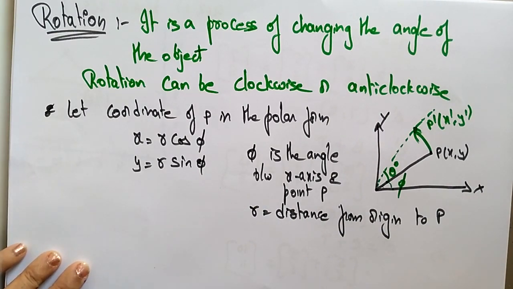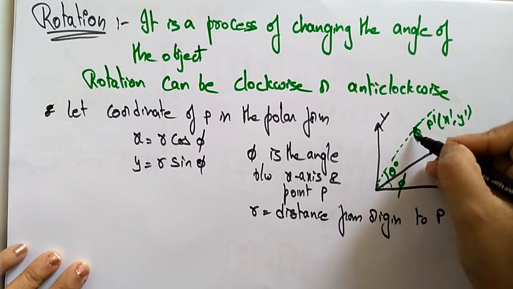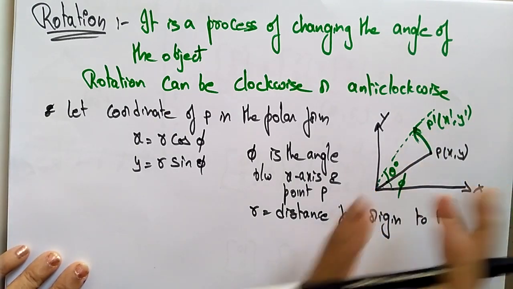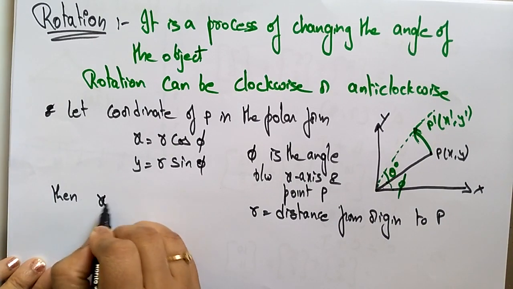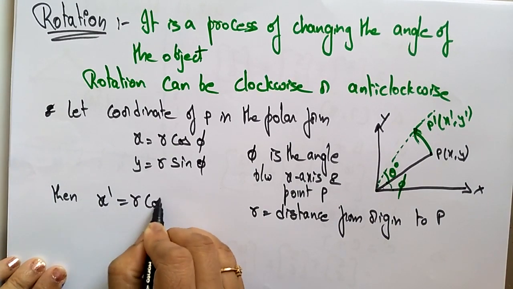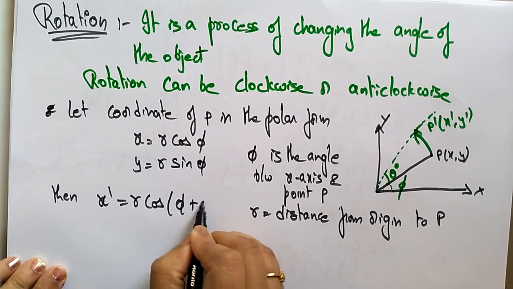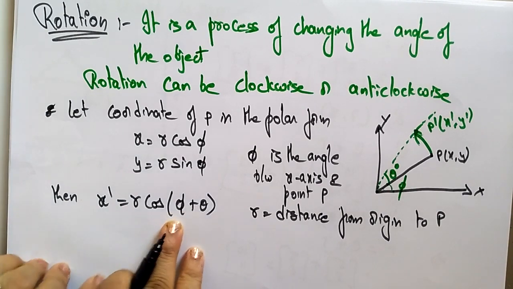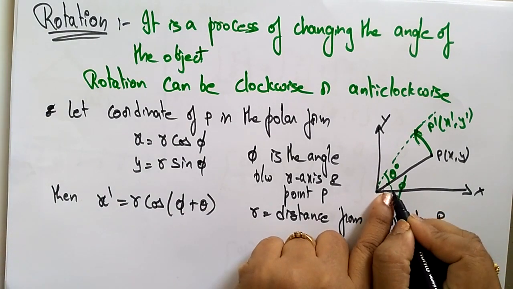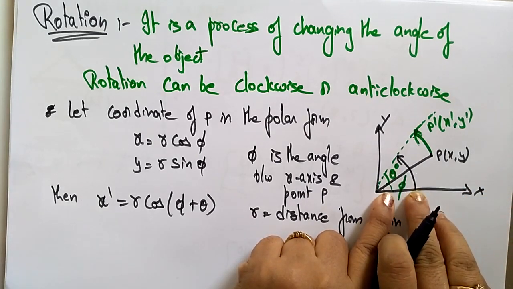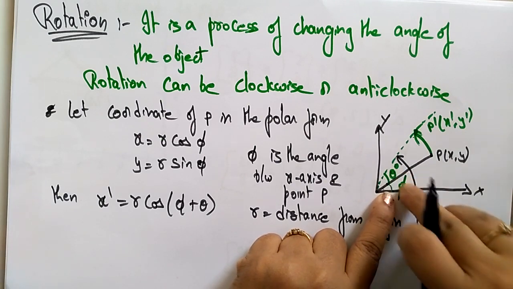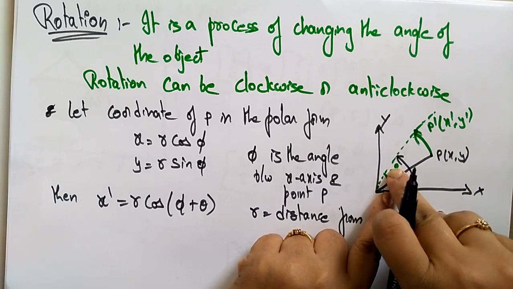Now I want to calculate x dash and y dash, the new coordinates. Then x dash is equal to r cos(phi plus theta). Why have I taken phi plus theta? Because starting from the x-axis, this is the angle it rotated. So you have to take phi as well as this theta.